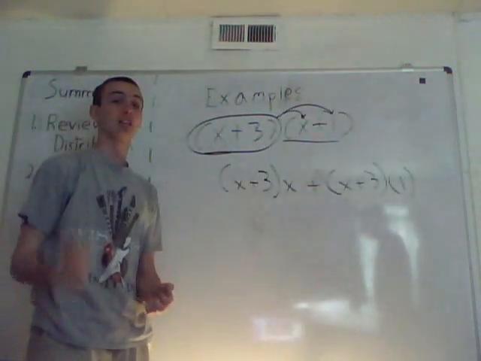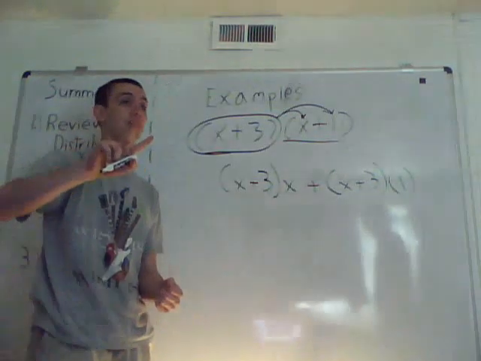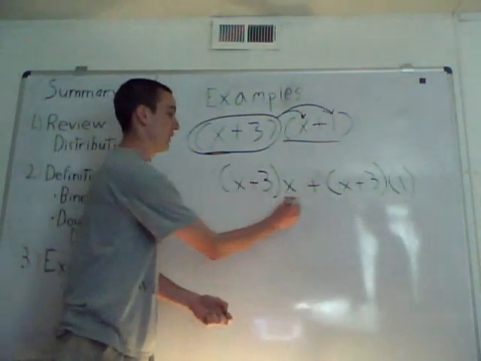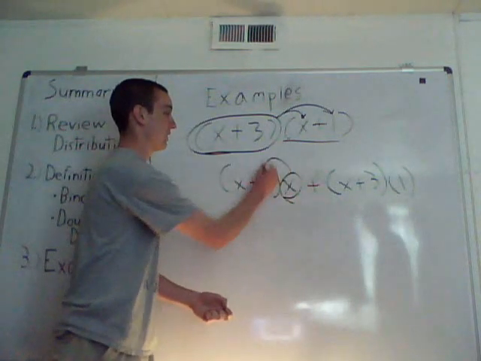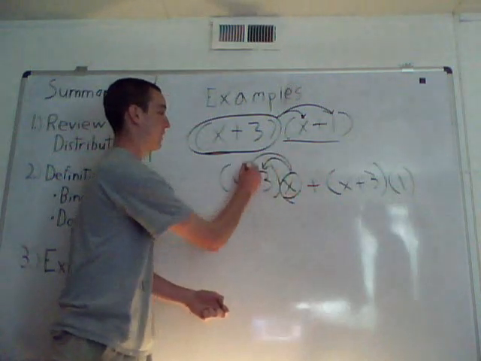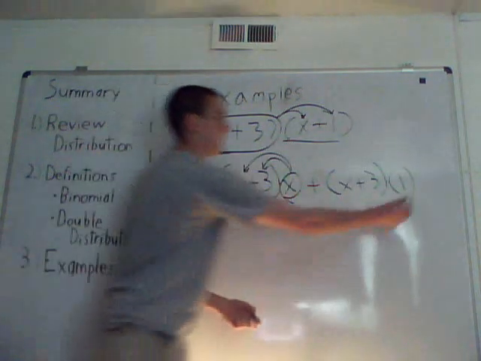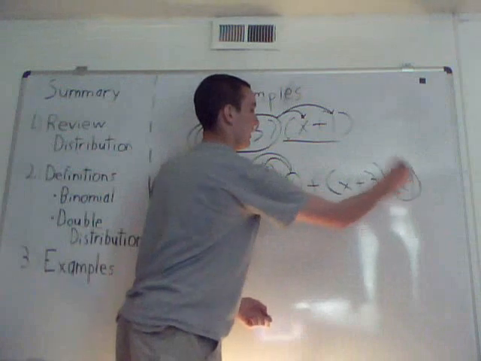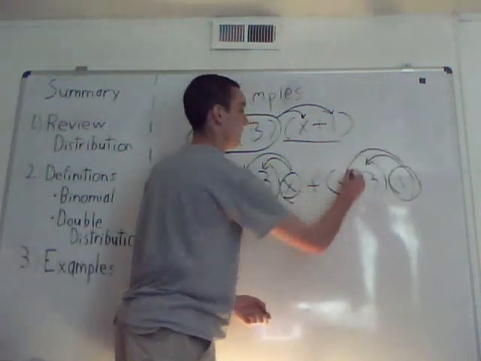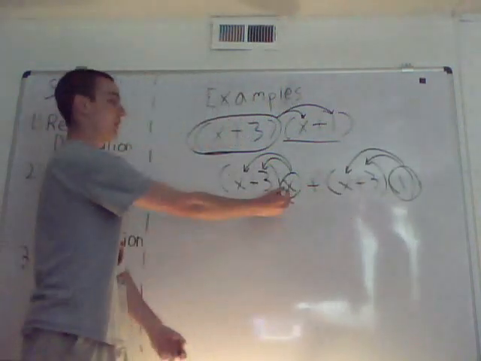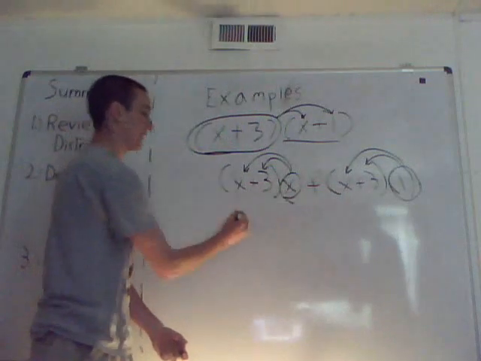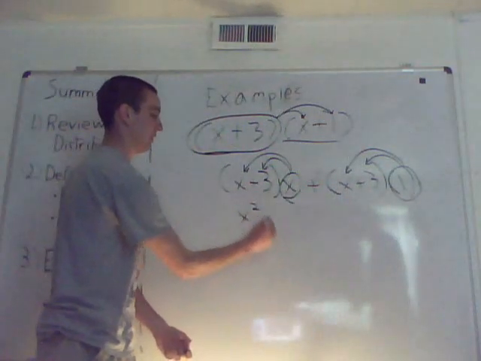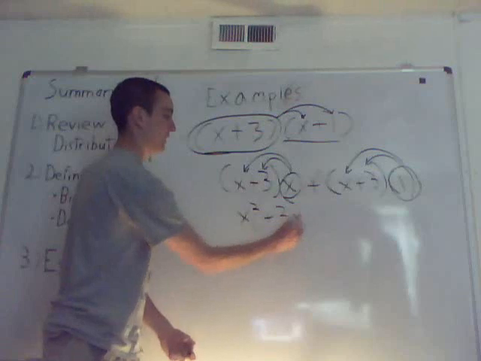Now for our second distribution, which is going to make this a double distribution, we can take this x and distribute it inside these parentheses, and take our 1 and distribute it inside these parentheses. So over here, distributing this x, we'll get x squared plus 3 times x.